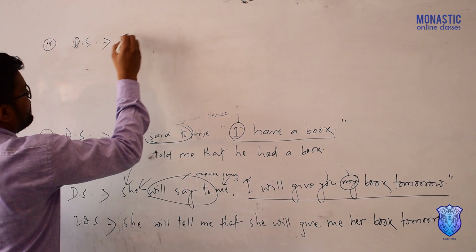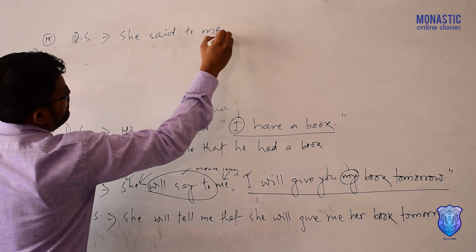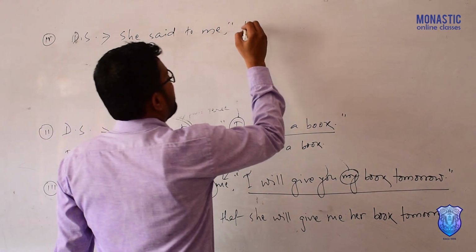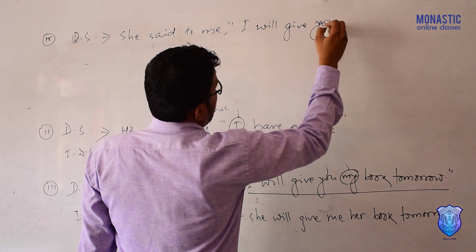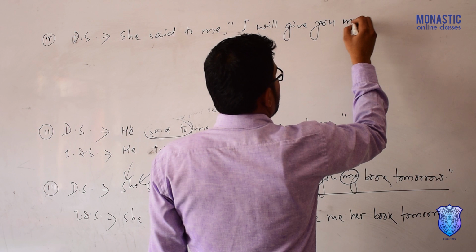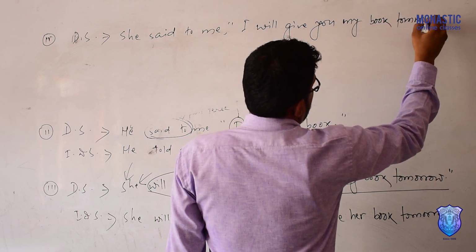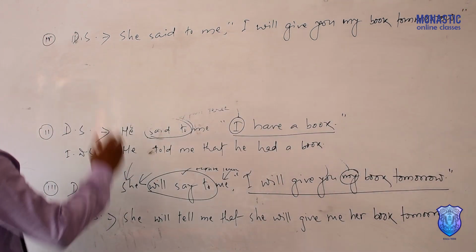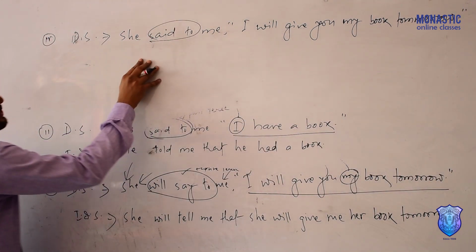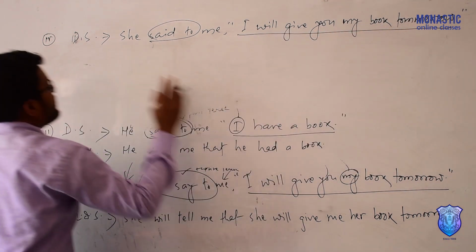The direct speech becomes, she said to me, I will give you my book tomorrow. And you can find that the reporting verb is in past tense, so the tense of this reported clause will be changed into indirect speech.